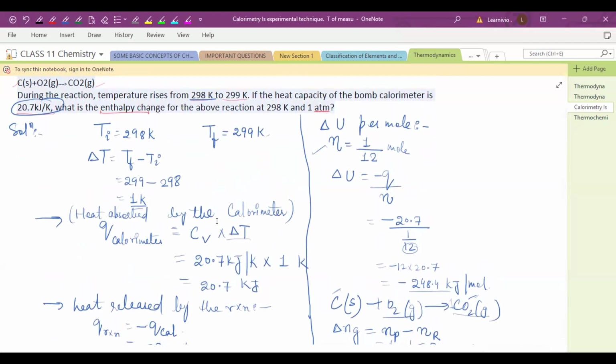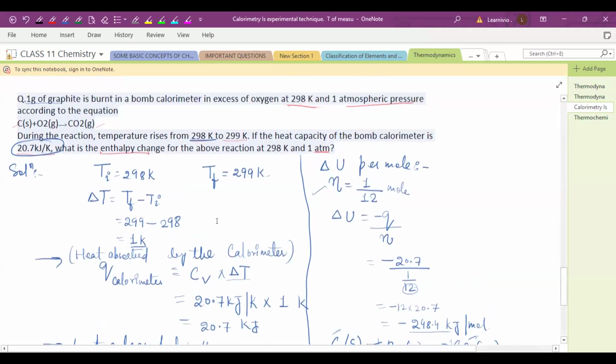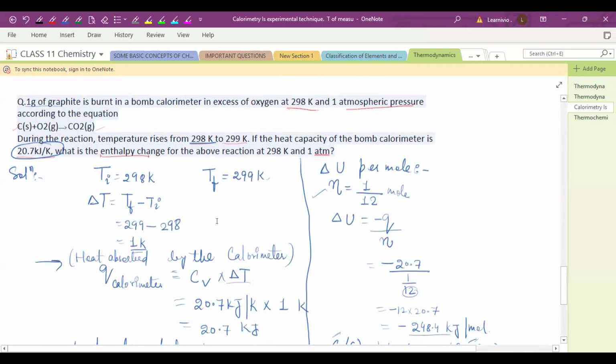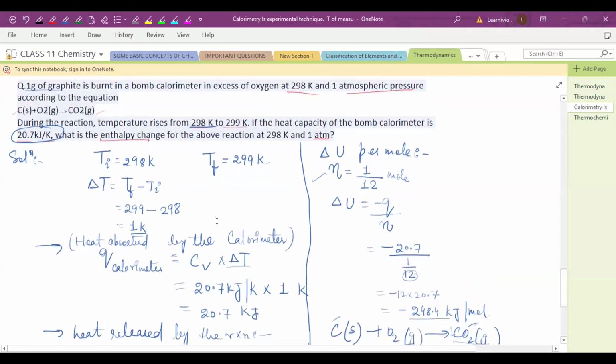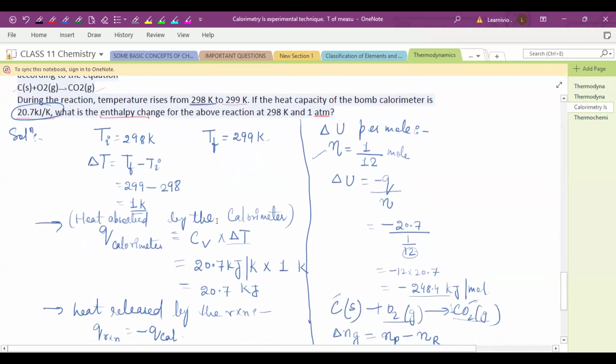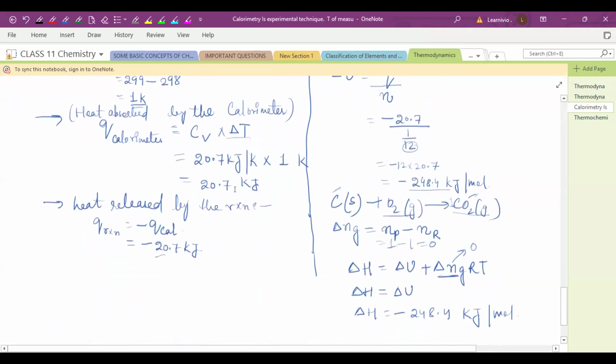So sign convention: if it is absorbed, the sign should be positive; if released, then negative. Just remember these terms. And you should practice more questions based on this topic, bomb calorimeter, coffee cup calorimeter, so that you become perfect and will not make silly mistakes in your exam.